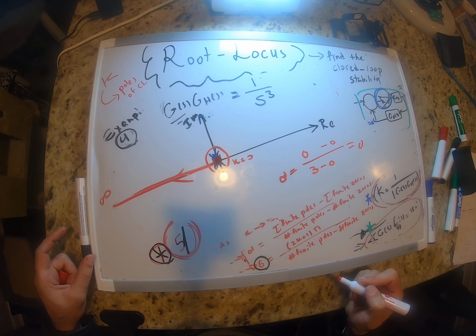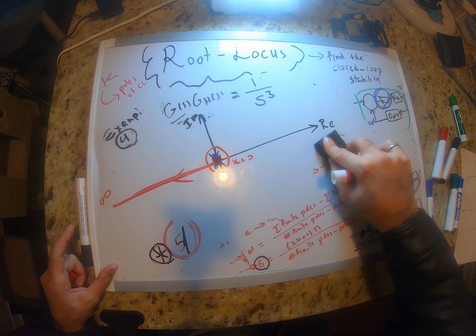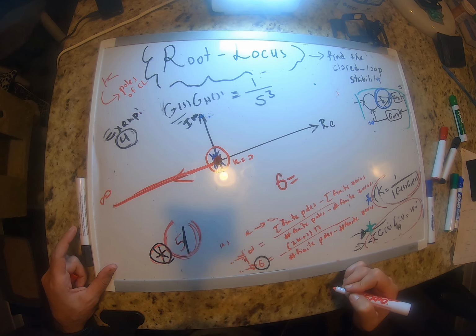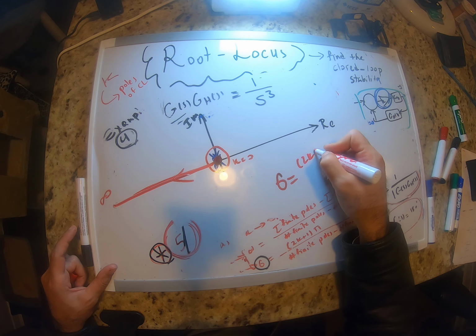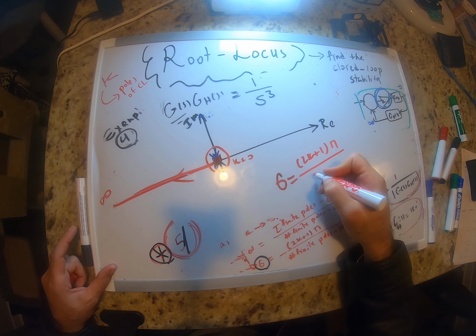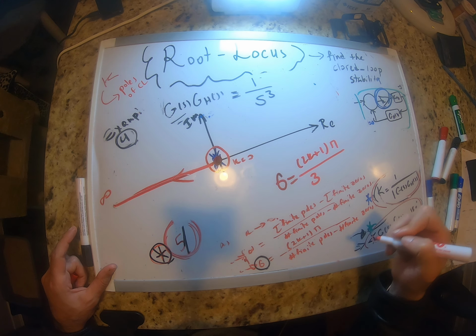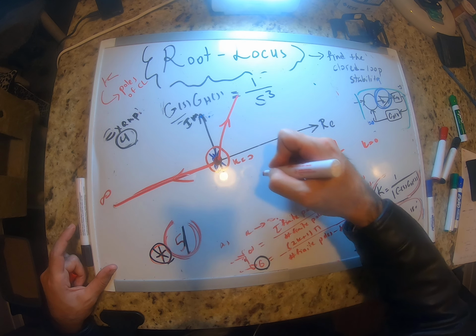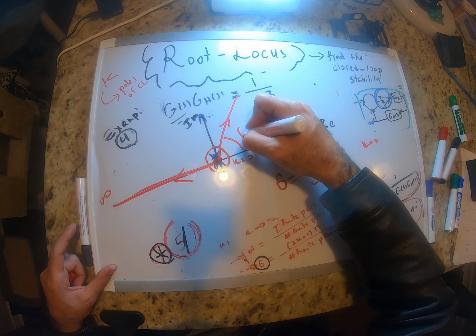Okay, and what is the angle of branching? (2k plus 1) pi divided by finite poles minus finite zeros, so 3. If k is equal to 0, this is going to be pi over 3. So one of the branches goes like this. This is 60 degrees.